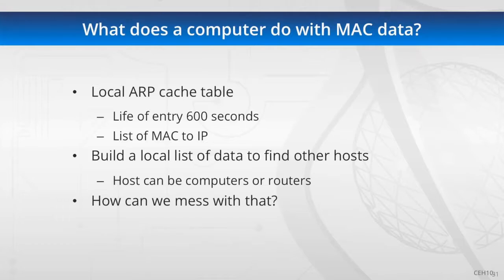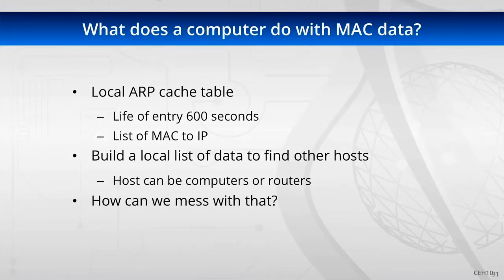This gives you information about hosts that you normally want to talk to so that you don't have to re-resolve MAC to IP with every single conversation. Host computers, well, the router also does this too, has this information in it. So both of them together, we could start playing with them and preying upon them.